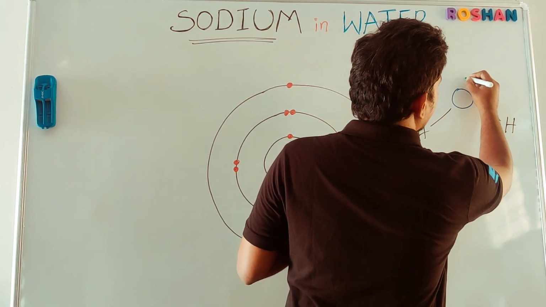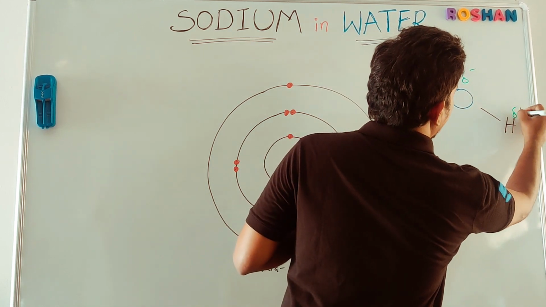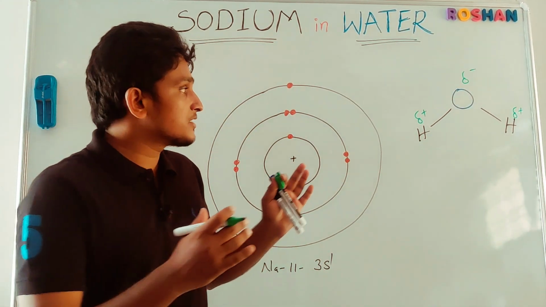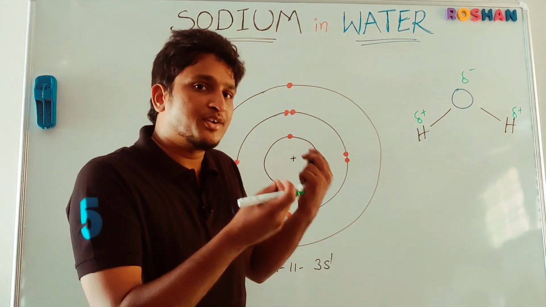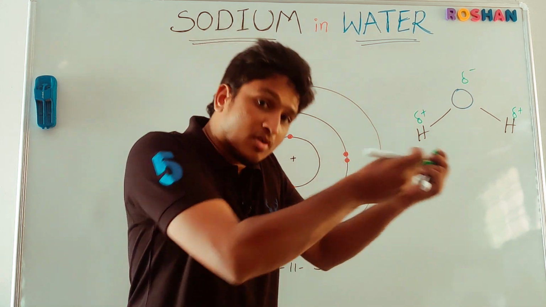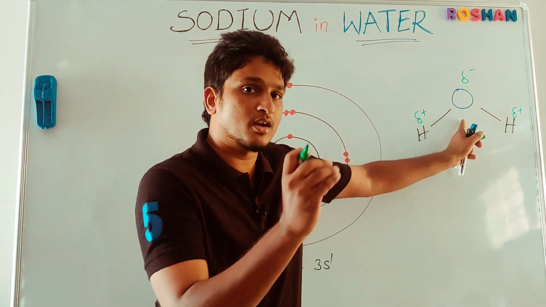So oxygen gets a partial negative character, and hydrogen gets a partial positive character. That means hydrogen is not losing electrons and oxygen is not gaining electrons, but the electrons are a little bit closer towards the oxygen side because of the highly electronegative character of oxygen.